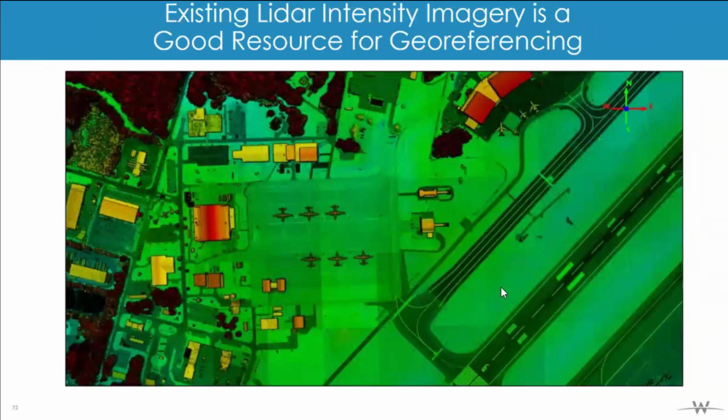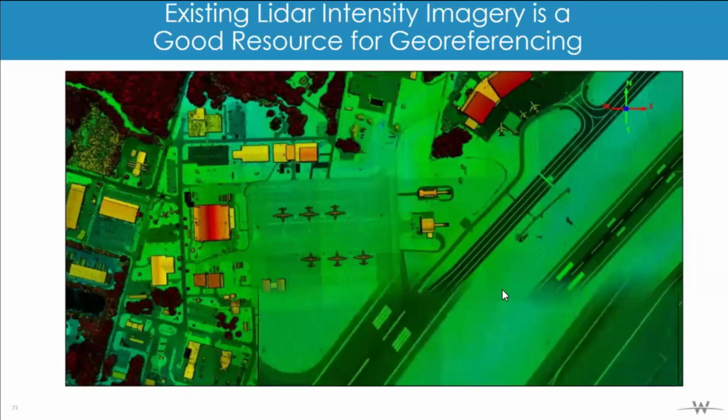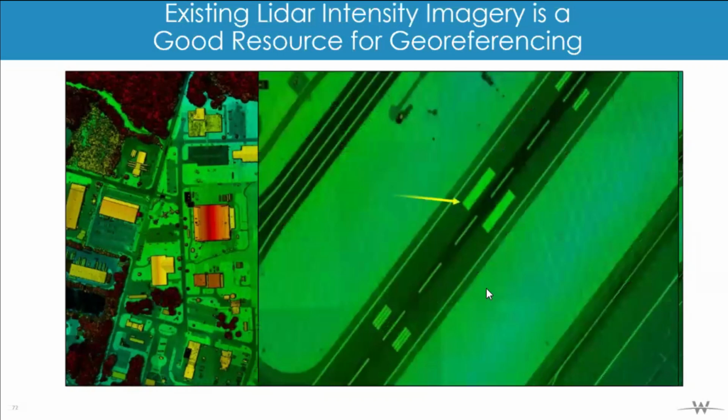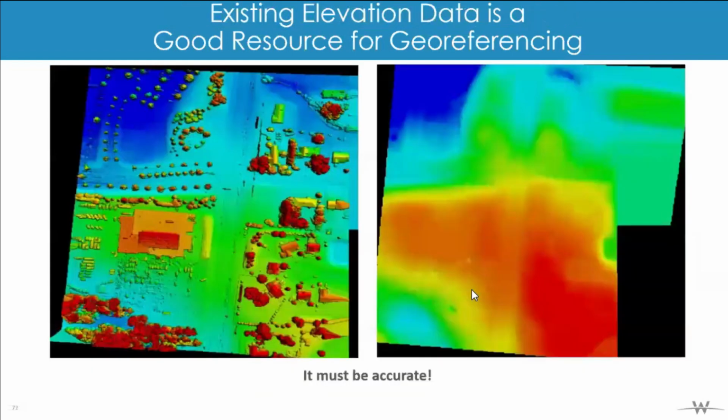It can be used for generating horizontal accuracy checkpoints for ortho, because if you look at these runway details, those corners can be used for horizontal accuracy assessment of LiDAR. Elevation data: if you have a good set of LiDAR, aerial LiDAR, mobile LiDAR, or drone LiDAR, and you are sure about its accuracy, and it is twice as accurate as the elevation data you're producing now, I can use it as control or checkpoints.